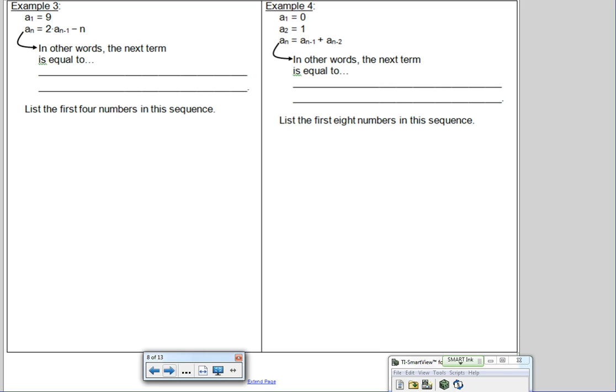So the next one, example 3, A sub 1 equals 9. Okay, so A sub n, the next term, is equal to 2 times the previous term, and then we're going to subtract now.